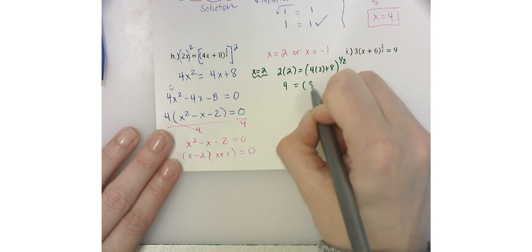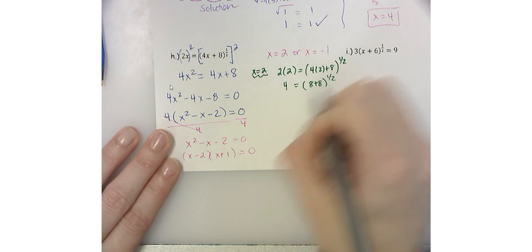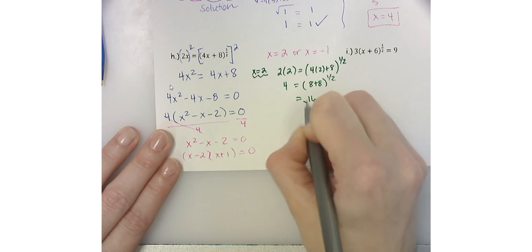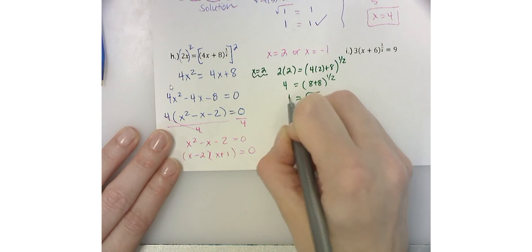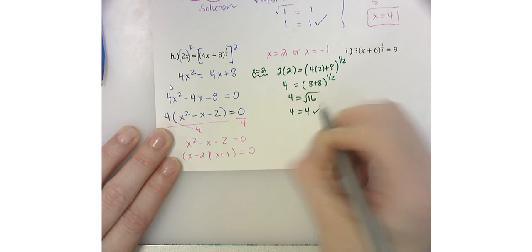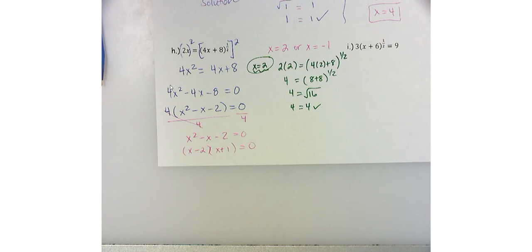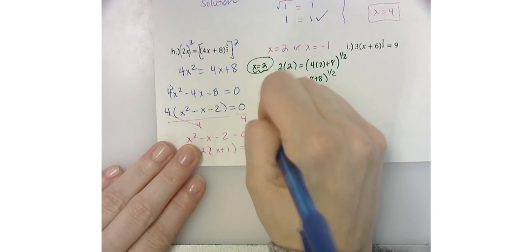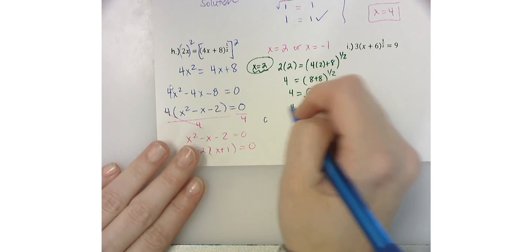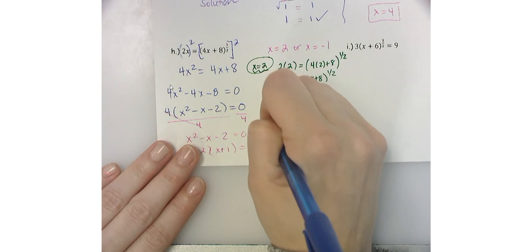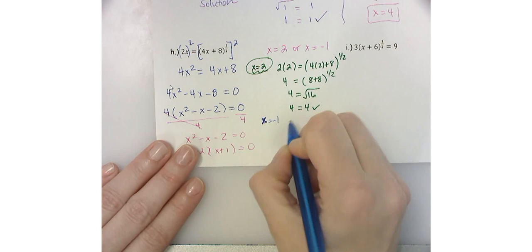The square root of 4 is 2 and not negative 2. Okay, so that means this is going to be extraneous. So then my only solution is going to be x equals 2. Okay, so the x equals negative 1 did not work in that case.